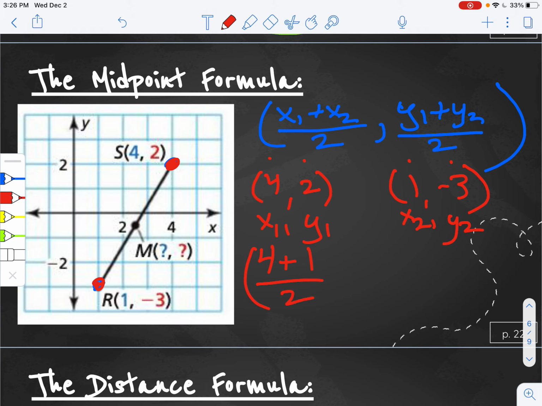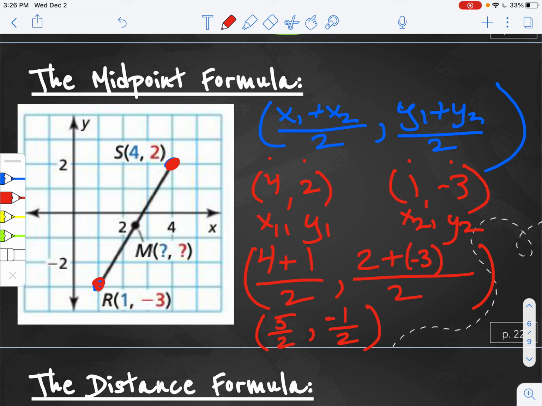So let's take our coordinates and plug them into our formula. x1 we said was 4, x2 is 1, divided by 2, y1, which is 2, plus we have a -3 for our y2, and again, this is divided by 2. 4 plus 1 gives us 5 over 2. We can just leave that right in fraction form. 2 plus negative 3 would give us negative 1 over 2.